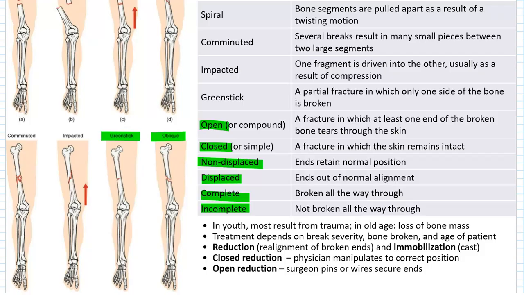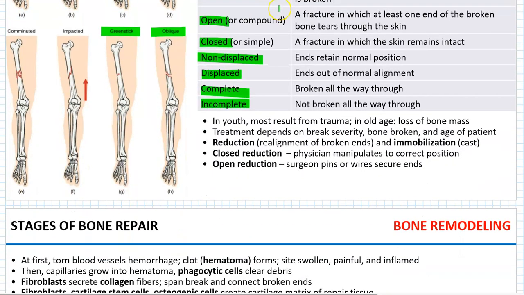Oh, he was rock climbing and forgot what he was taught about how to land if you fall, and extended his arm. Okay. How do you treat it? The fractures, I mean. Reduction, realignment, and immobilization.